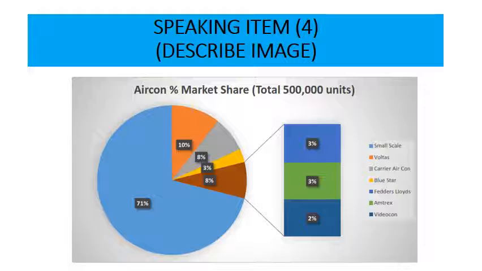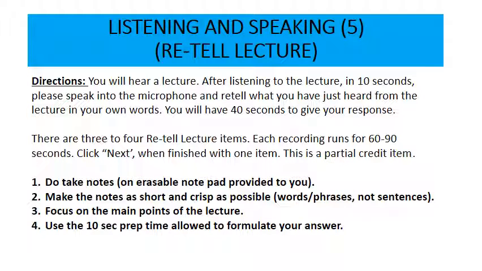Blue Star, Amterex and others do have some market presence, each selling about 1,000 to 1,500 air conditioners per year. In summary, it can be said that the room air conditioners market is quite fragmented, and there are no dominant players.